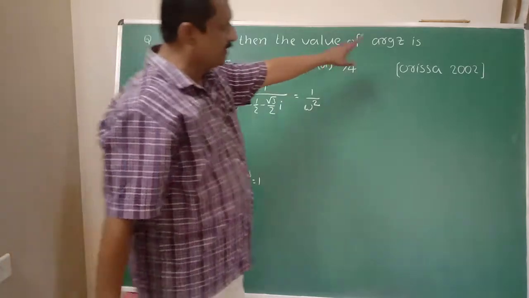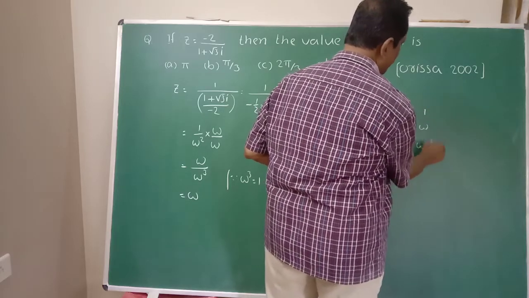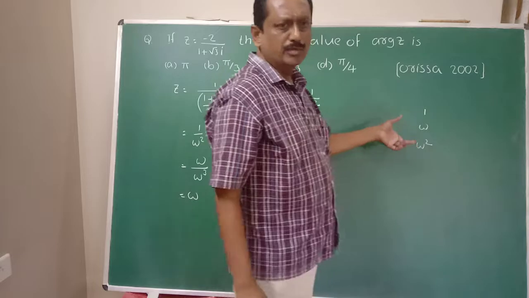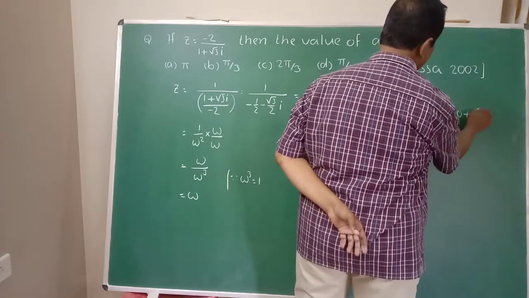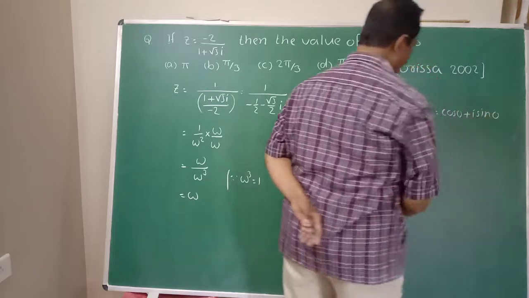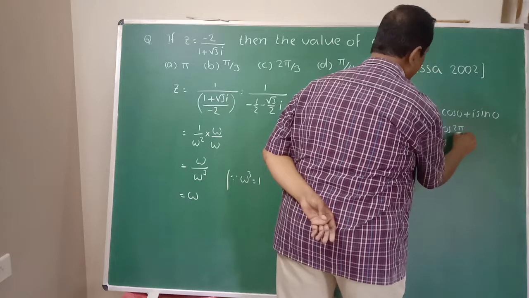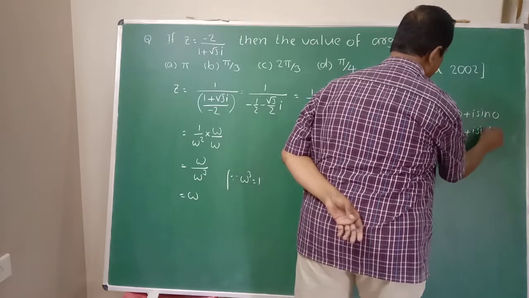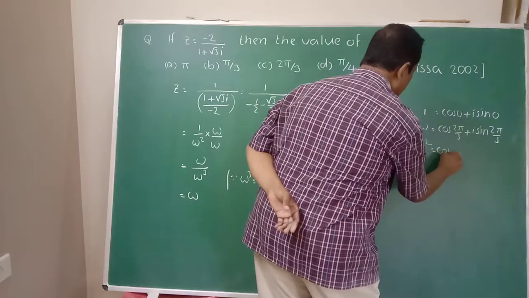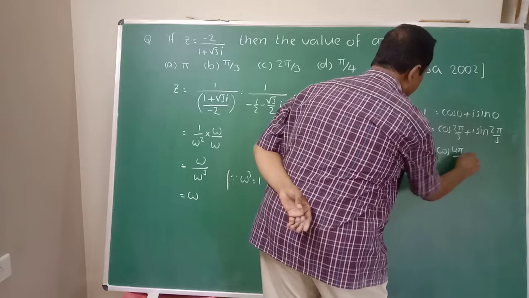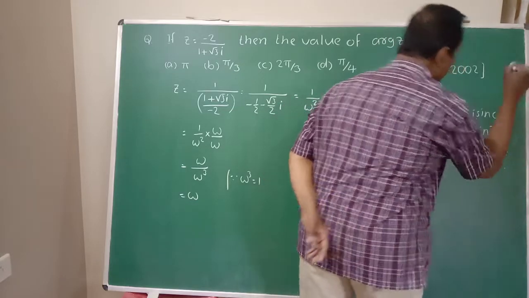Here we want its argument. You know that 1, omega, omega square are the cube roots of unity. Therefore 1 is cos 0 plus i sin 0, omega is cos 2 pi by 3 plus i sin 2 pi by 3, and omega square is cos 4 pi by 3 plus i sin 4 pi by 3.